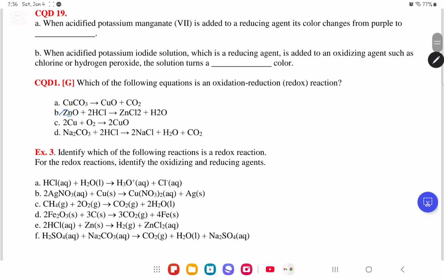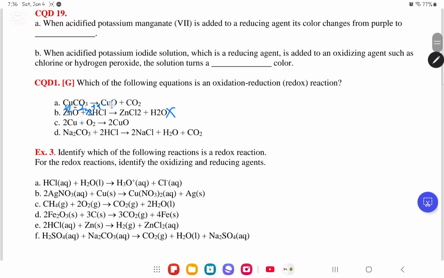In this case, there is no single element, so probably it is not a redox reaction. To prove it even more, we can use the first way, in which we find the oxidation numbers. This one is going to be plus 2, minus 2. You do not consider the coefficients. You never consider the coefficients when doing the oxidation number.